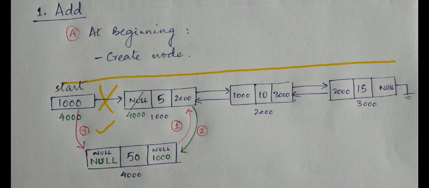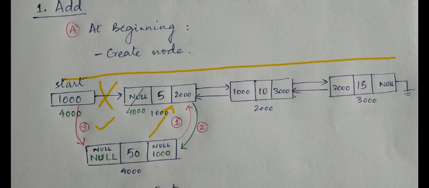So that's why we don't do step 3 first. We'll first connect this new node to the existing first node of the list, that is step 1. Then you are free to do step 2 or step 3. It is important that you do step 1 first.